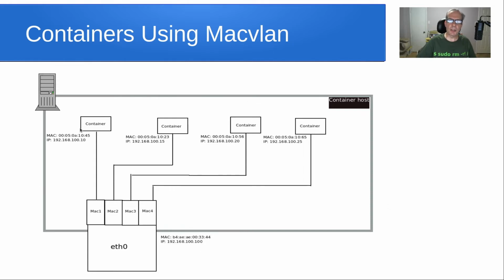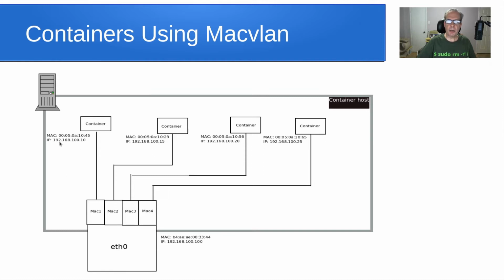I've decided to present 4 containers. Here's a container, here's another one, here's another one, here's another one. And if you look at the MAC addresses with MacVLAN, each container gets its own separate MAC address, which is really nice.